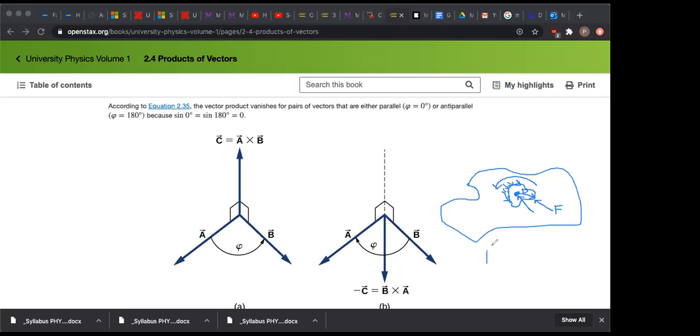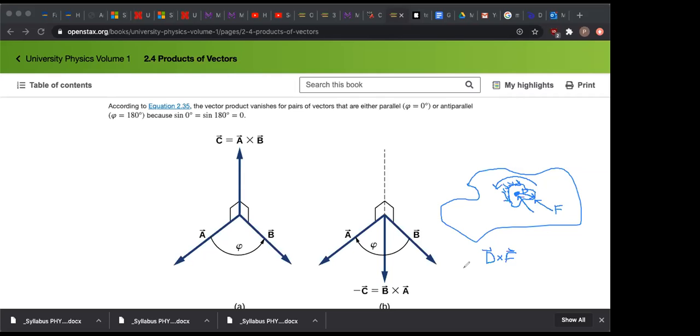And then the torque is equal to, actually it's the other way around, d cross F. With the cross product, the order matters. If you take d cross F, you will actually get negative F cross d. F cross d will give you the exact opposite vector. So d cross F is the cross product that we use to determine this.